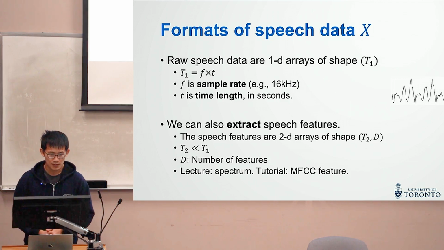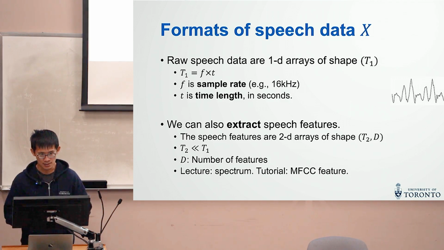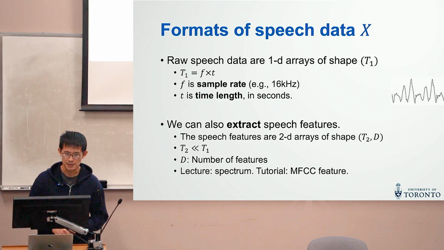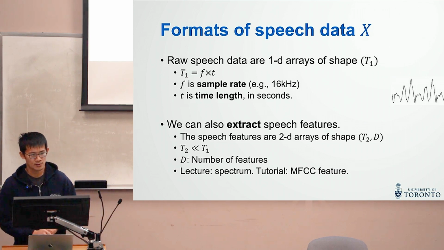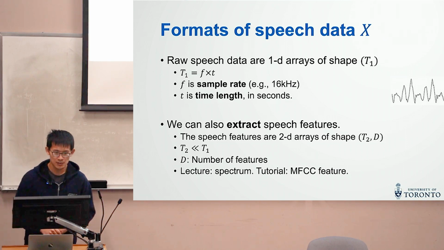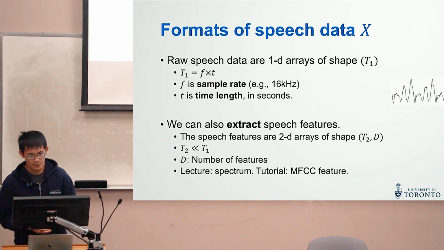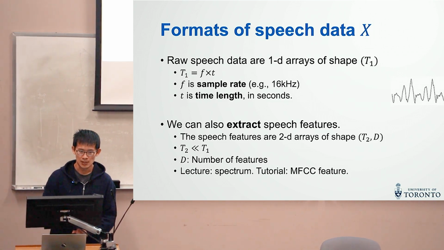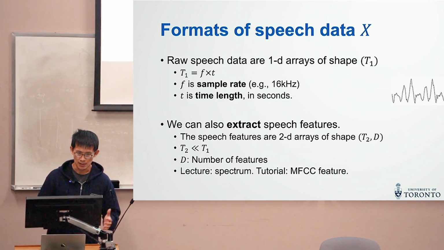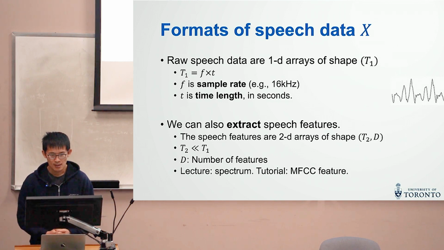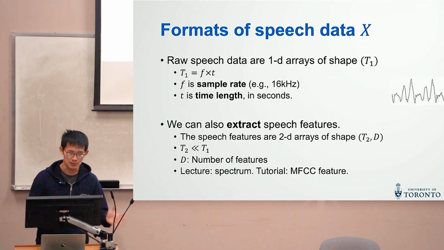If your speech features are computed in a window of 1 second, then T2 is going to be just equal to small t. Actually, usually the speech features are computed in windows with sizes a lot shorter than 1 second. It's usually 50 milliseconds. So for each second of speech data, instead of 16,000 numbers, there are only 50 numbers times the number of features.